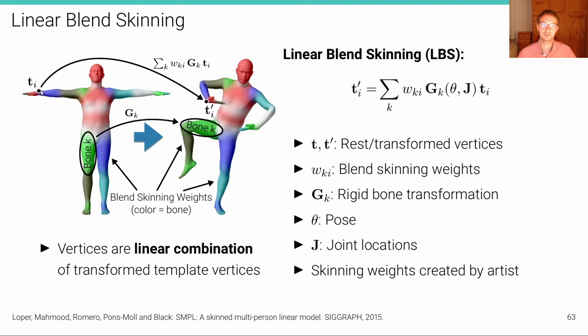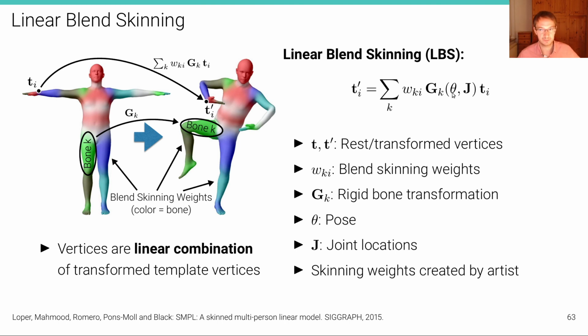Whenever we have a joint, we need to interpolate between the rigid transformations that are induced by the two adjacent bones. Right? And these rigid bone transformations, of course, depend on the pose, theta, and potentially also on the joint locations, J, because they depend on the size of the character.